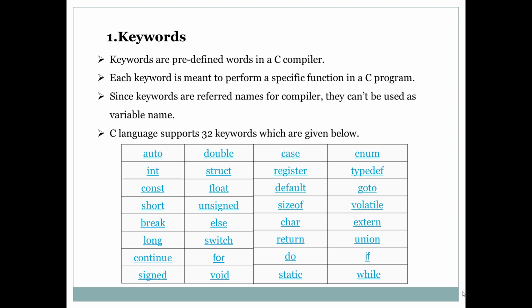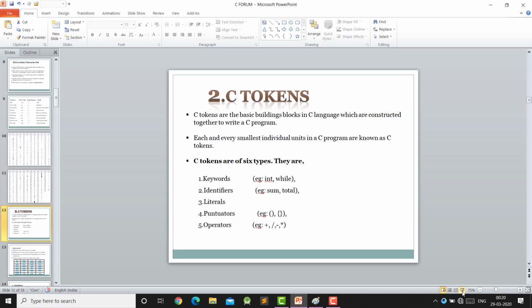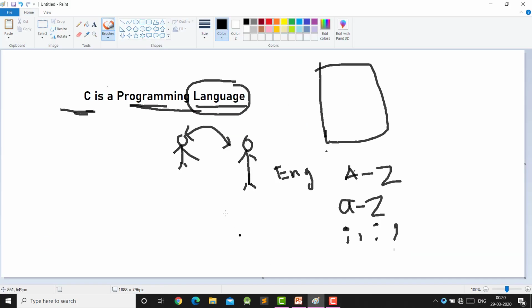I will be telling you about the compiler first. We know that a language is a medium used between two people to communicate. Now, what if this person knows only Telugu and this one knows only Marathi?